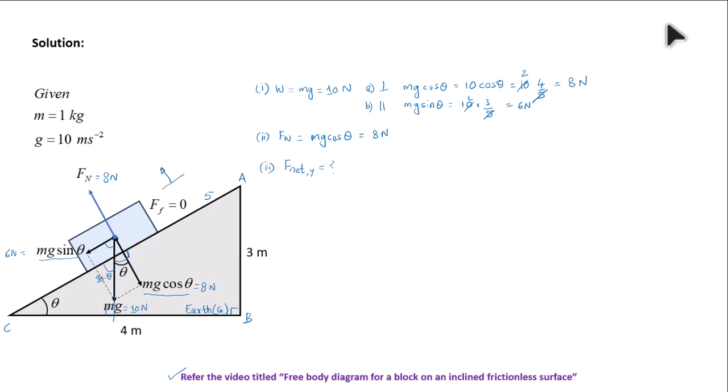Perpendicular or normal to the surface, I will call it the y-axis, and the positive x-axis going down. If we apply Newton's second law, the vector sum of all the forces acting along the y direction should be equal to 0. Why should it be 0? Because the block is not moving in the y direction. Therefore, there is no acceleration, and therefore the net force should be 0.